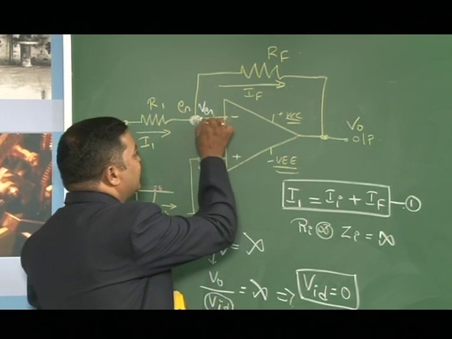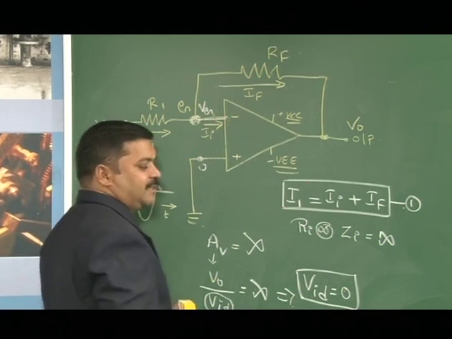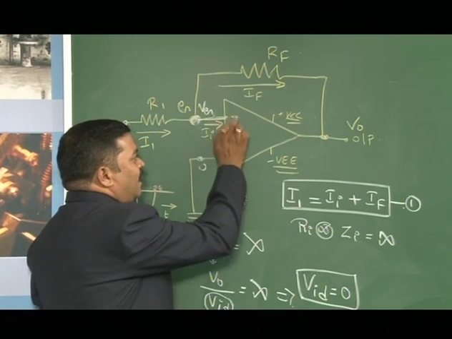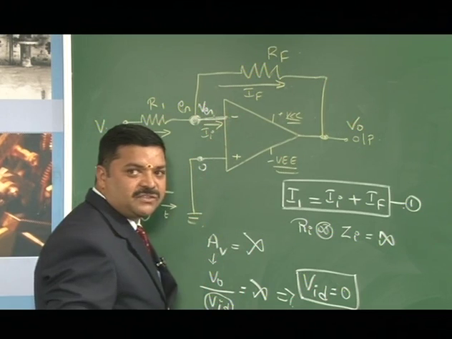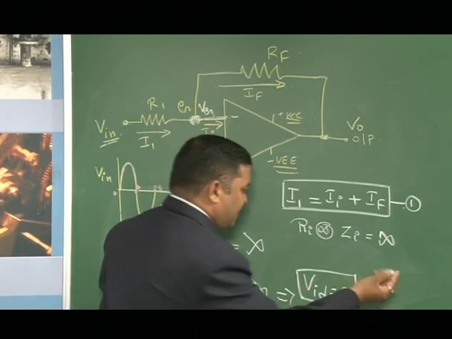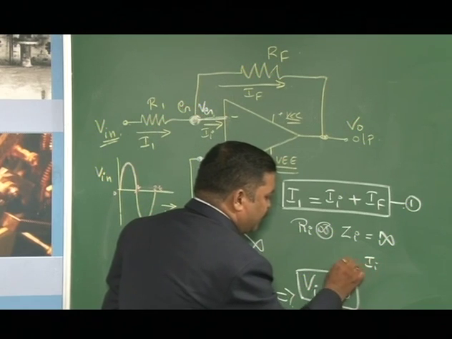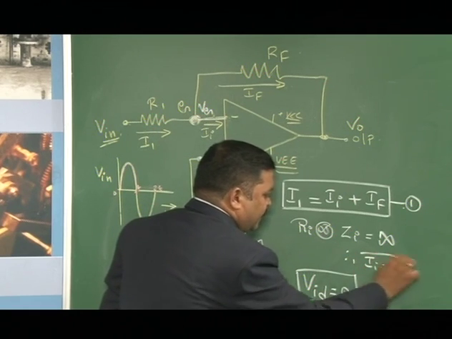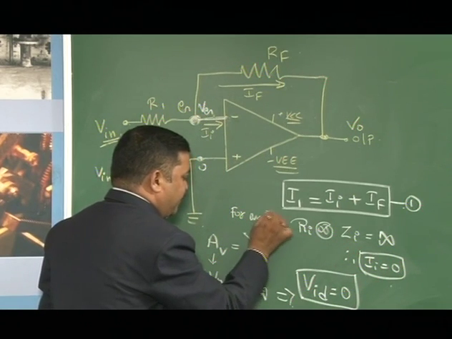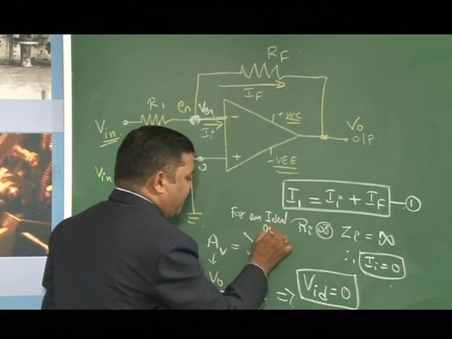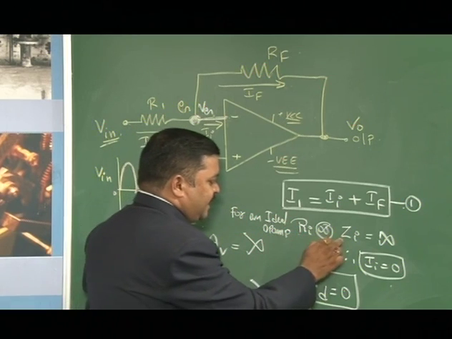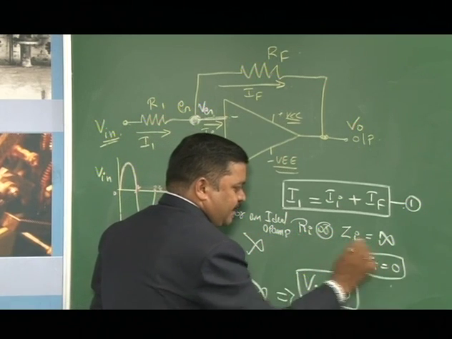When the resistance at the input terminal is infinity, the current entering the op-amp will be 0, because resistance and current are reciprocal to each other. Therefore, II is equal to 0. This is for an ideal op-amp. For an ideal op-amp, Ri or Zi is equal to infinity, therefore II is equal to 0.